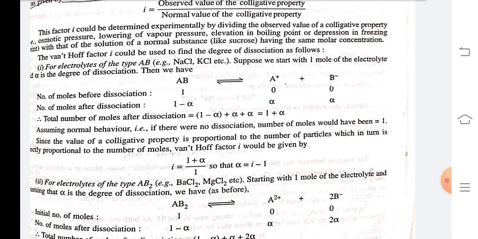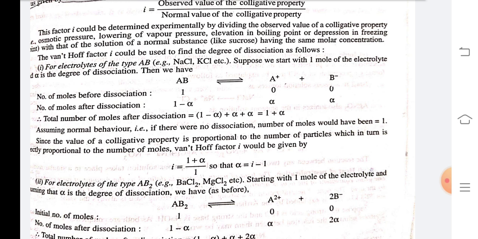Assuming normal behavior, that is, if there were no dissociation, the number of moles would have been 1. Since the value of a colligative property is proportional to the number of particles, which in turn is directly proportional to the number of moles, the van't Hoff factor i would be given by i = (1 plus alpha)/1, so that alpha = i minus 1.